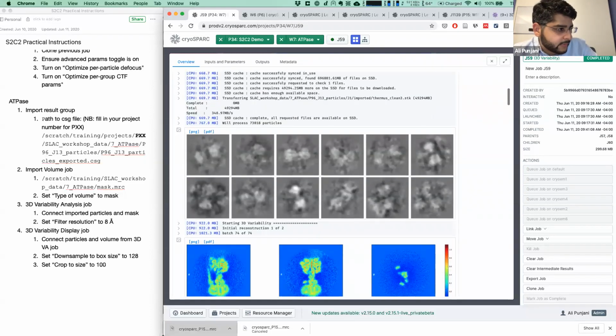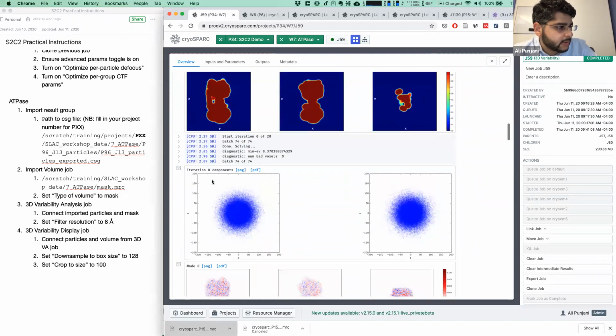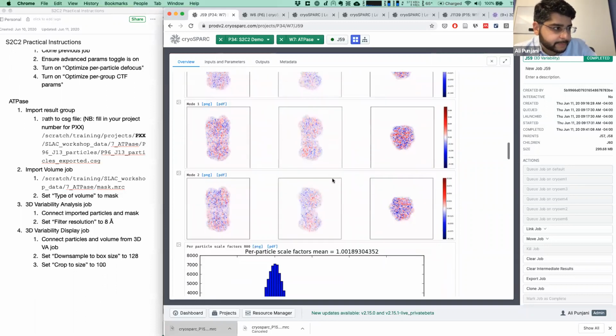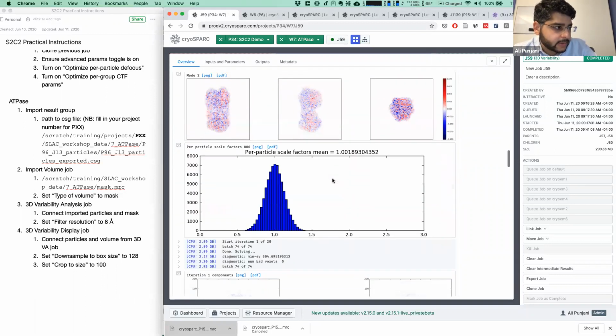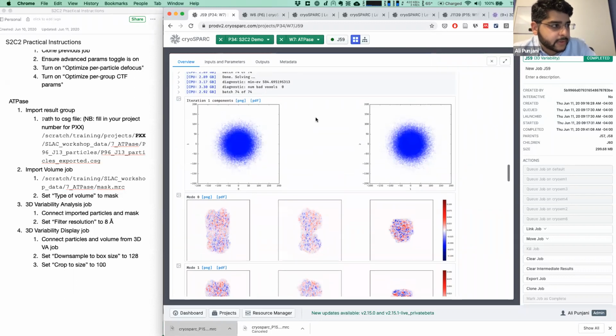Once we do that, 3D variability analysis loads up all the particles, creates the V0 consensus refinement structure, and that comes from the particle pose alignments that we already have as input. And then it starts by randomly initializing itself and starting to go through iterations of the optimization procedure that allows us to solve for the variability components.